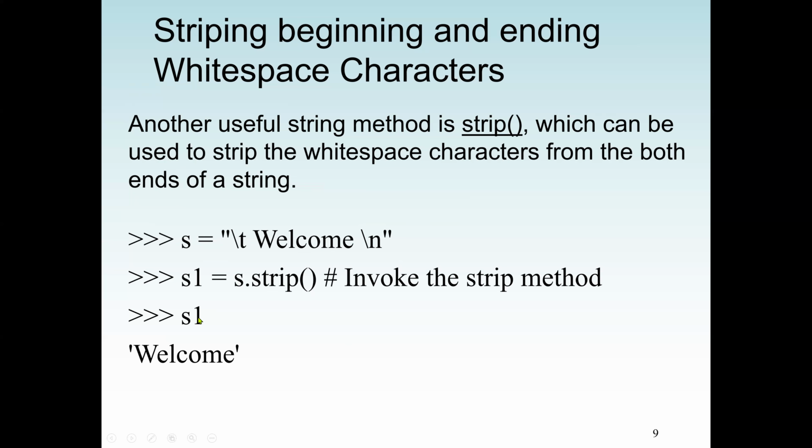You can see that next time when I print s1, it will remove all the spaces around it, the space before W and the space after. So we can see welcome, there's no space. Again, the strip method is used to remove whitespace characters from both ends of the string, the beginning and the end.